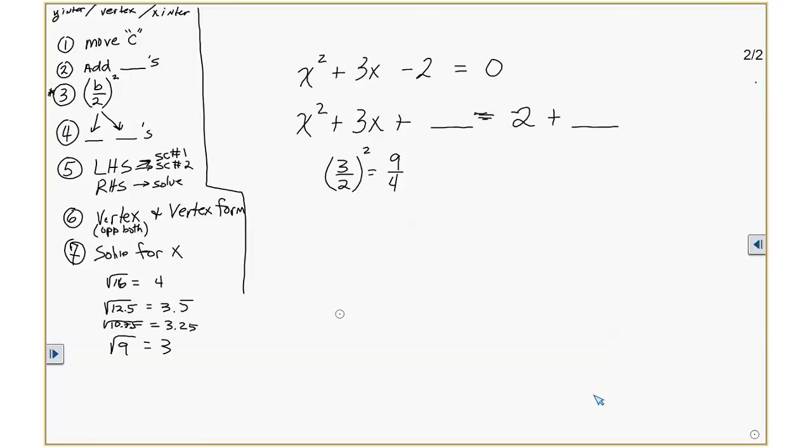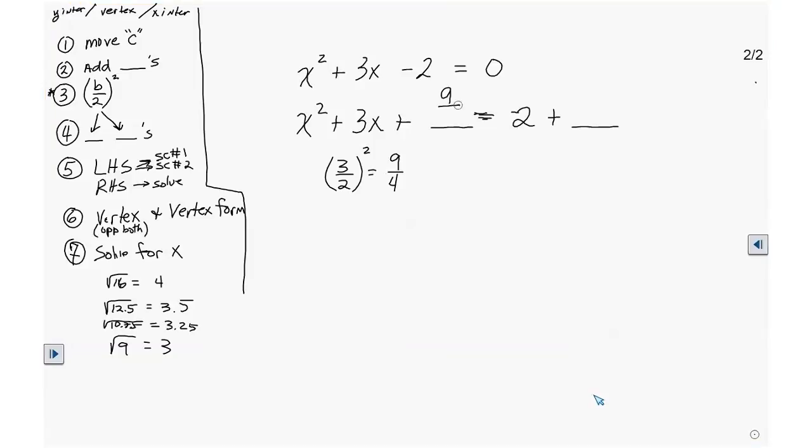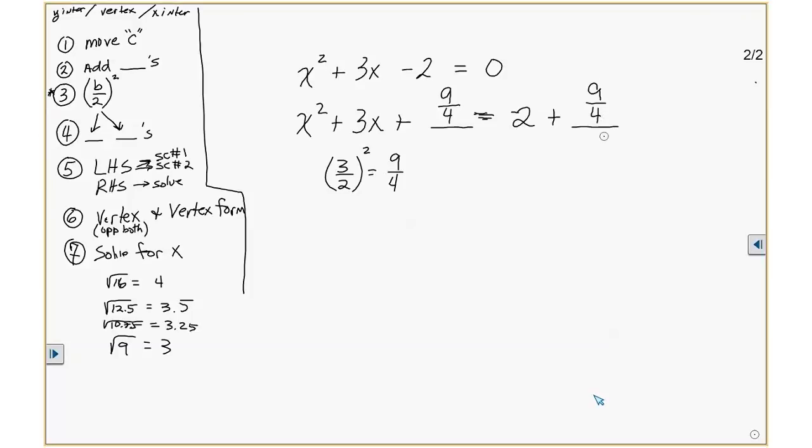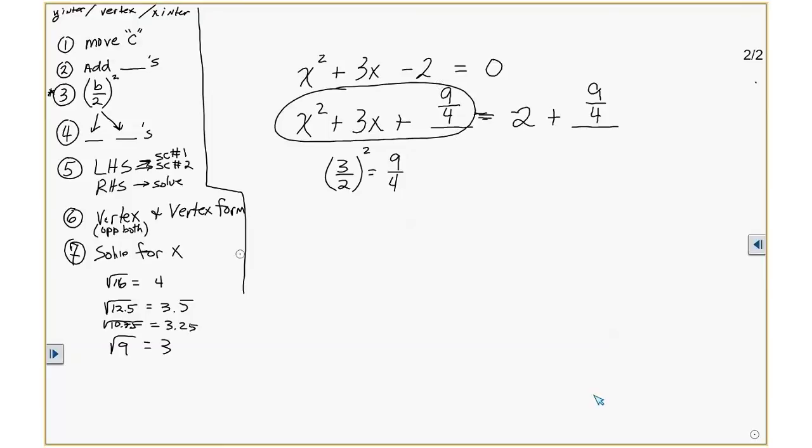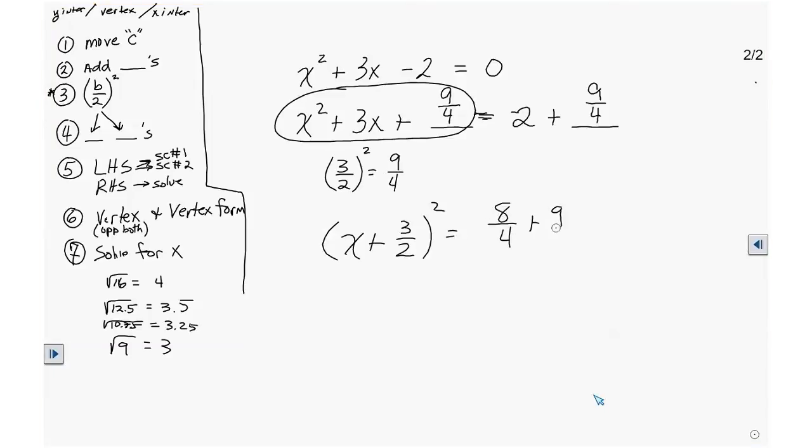Not hard at all. And what will that give you over here? Shortcut number 1. X plus 3 halves, quantity squared, is equal to 8 fourths plus 9 fourths.